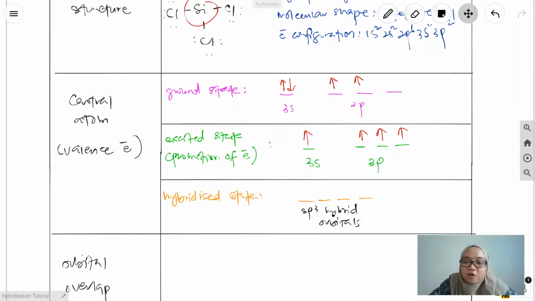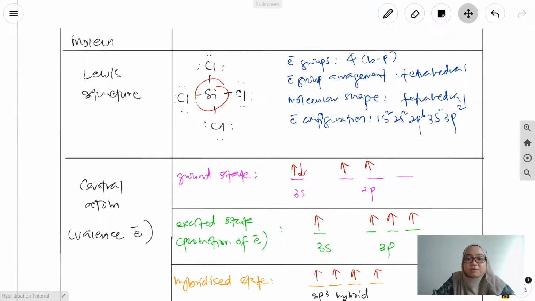So these 4 will mix together. One 3s orbital will mix with three 3p orbitals and form 4 sp3 hybrid orbitals. So they are all here together, SiCl4.